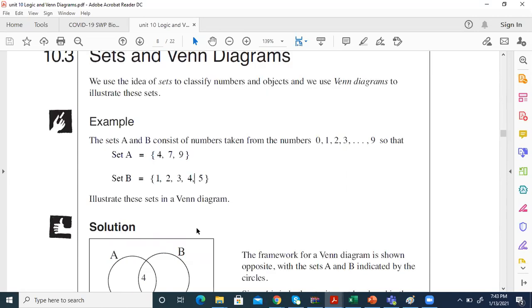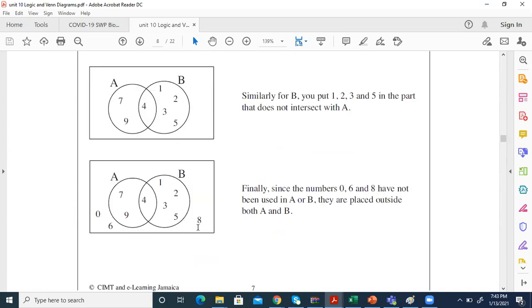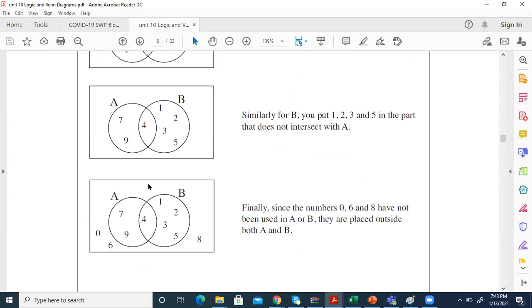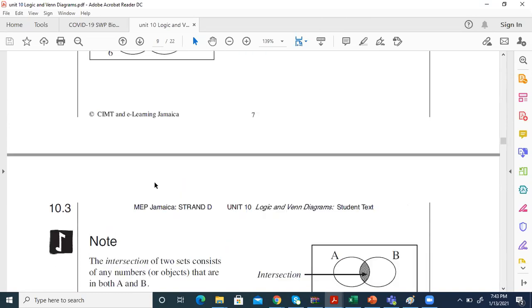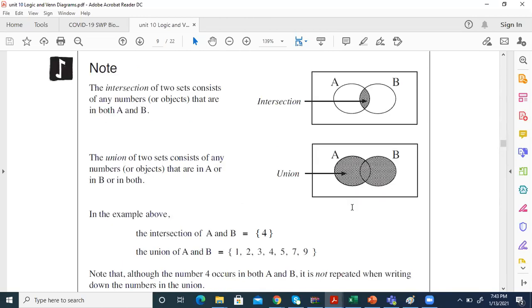So you can expect those to be on the outside: 0, 6, 8. And that would complete the Venn diagram. As I said before, where two sets have common elements, that's the intersection of the two sets. And the union is all the elements that are in set A and set B.